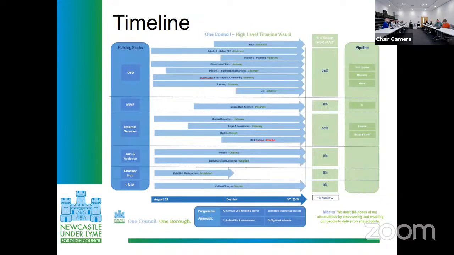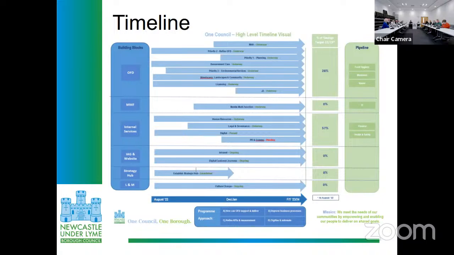We're an agile programme, and so we haven't put timescales to different elements of the services and their improvements, because the way we work is we go and work with teams, we work with services, and we explore what their difficulties are. Depending on what they say and what suggestions they make, that then informs how long that improvement might take, what interdependencies there are with other aspects of the programme, how much work digitally it might take, and therefore how much resource we need to put in from an IT perspective.